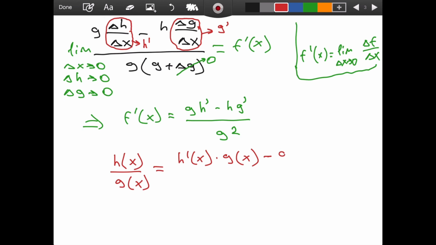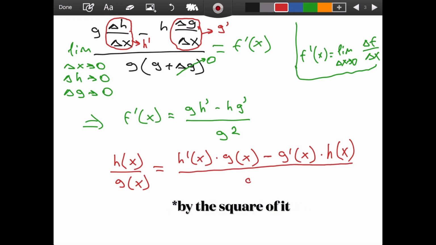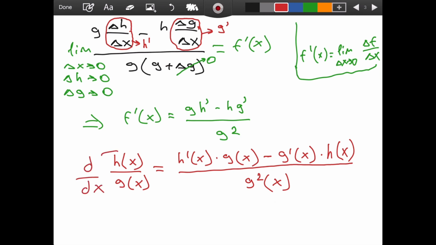You now take the derivative of the function that is in the denominator and you multiply it with the numerator. Then you divide it by the function that is in the denominator squared. So this is the derivative of the quotient of two functions. We just proved this formula.